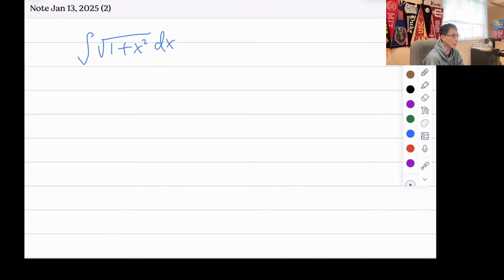All right, so what we're gonna do is draw a triangle, and not any type of triangle. It's gonna be a triangle that has a theta in there. Now, let me ask you, how do I get the square root of 1 plus x squared to happen in this triangle?